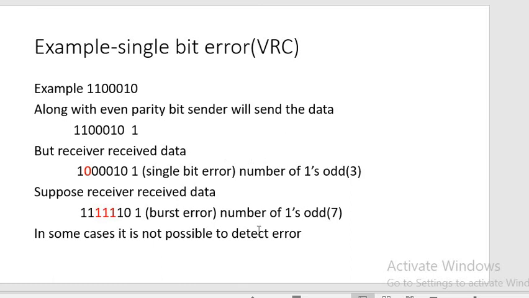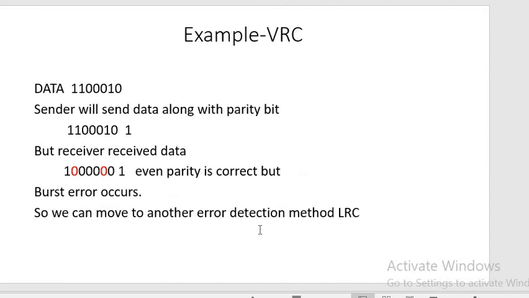But in some cases, even though there is an error, it is not possible to find out the error because the total number of 1s is even. In the special case, we are going to see this data, 1100001.